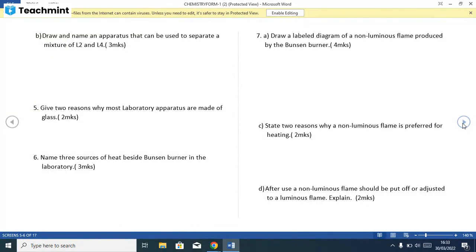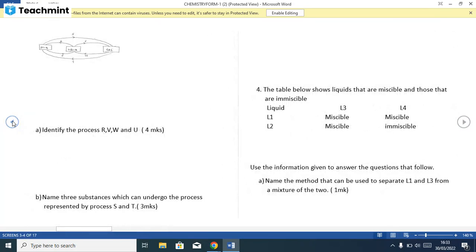Read. Draw and name an apparatus that can be used to separate a mixture of L2 and L4. So just name? Which method?